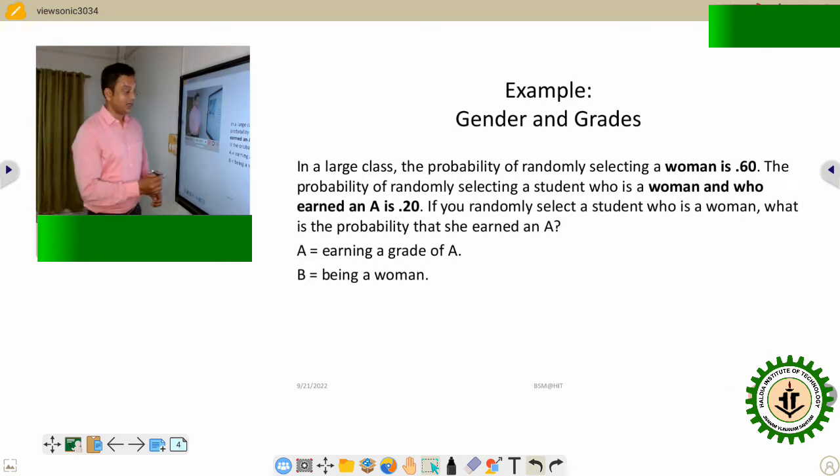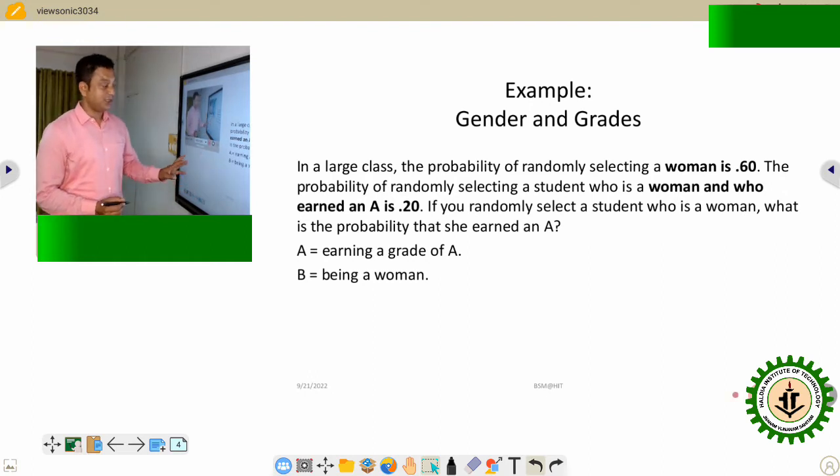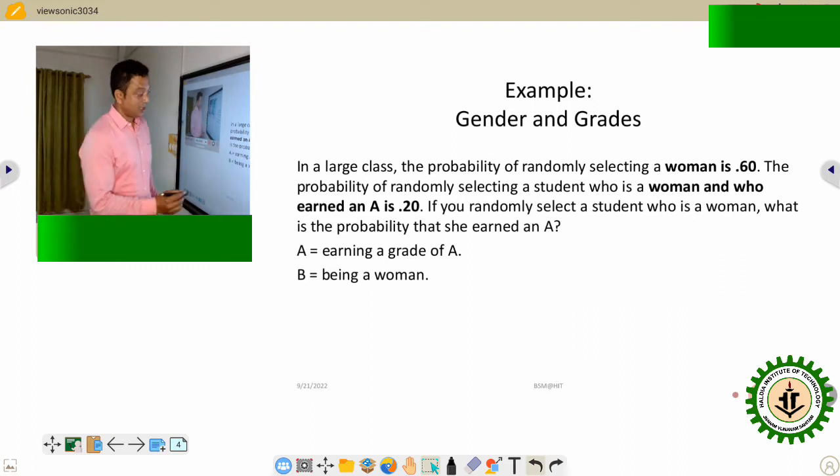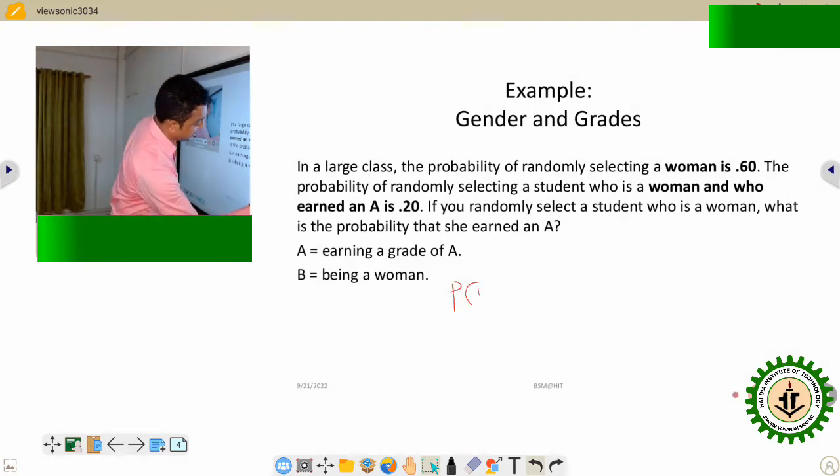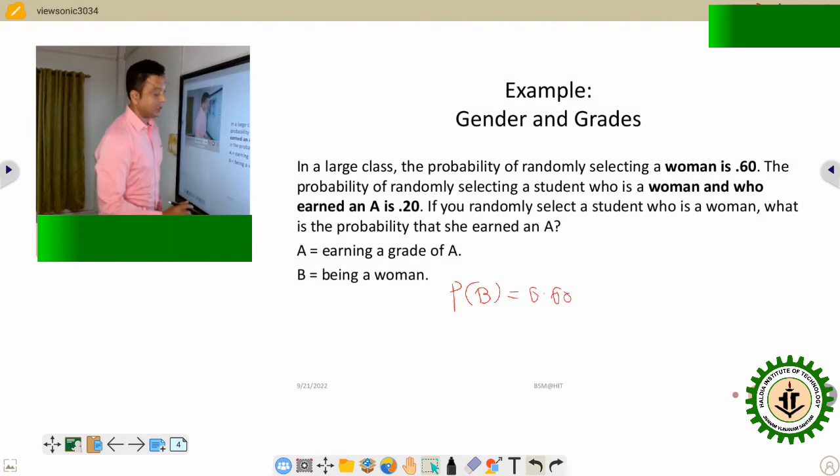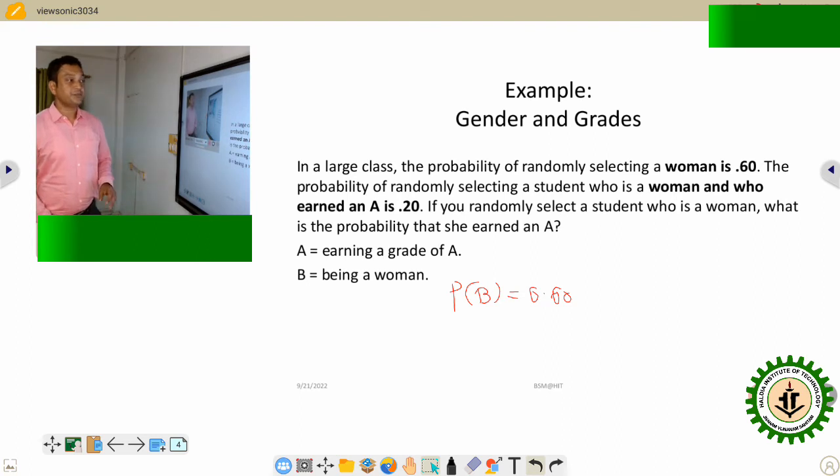So B is the event that the student is a woman, and probability of B equals 0.60. Next, the probability of a randomly selected student who is a woman and who earned an A grade is 0.2. That means both things have to happen: a woman, and she should earn grade A.